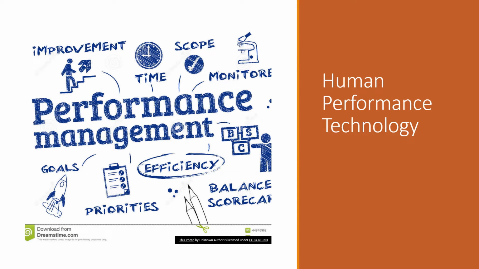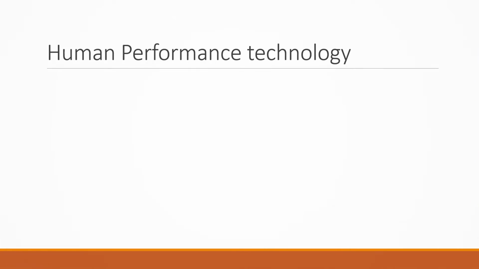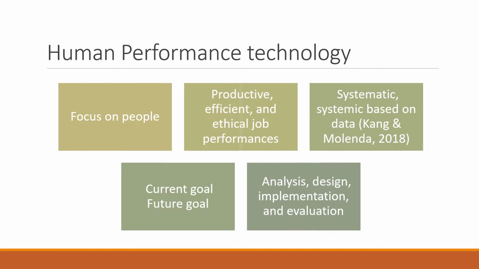What is human performance technology? Human performance technology focuses on people and is committed to helping people and organizations become more productive, efficient, and ethical in their job performance.